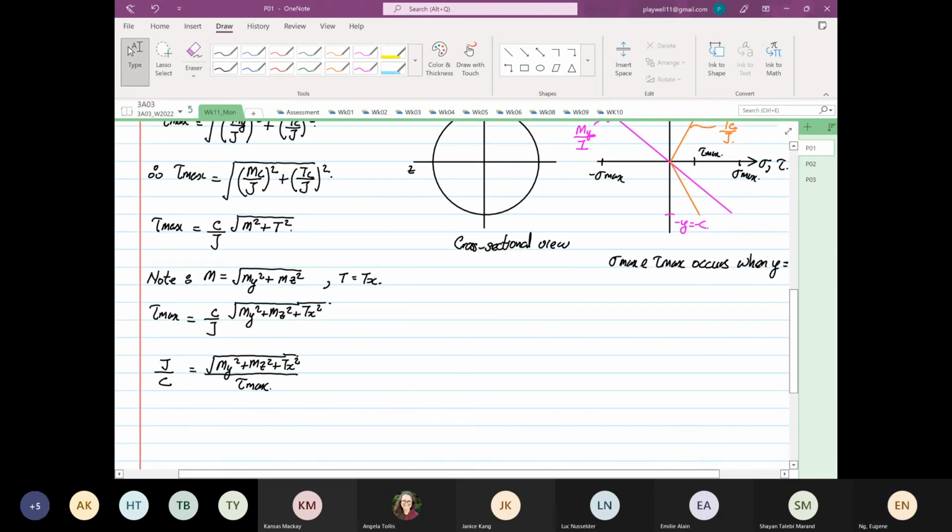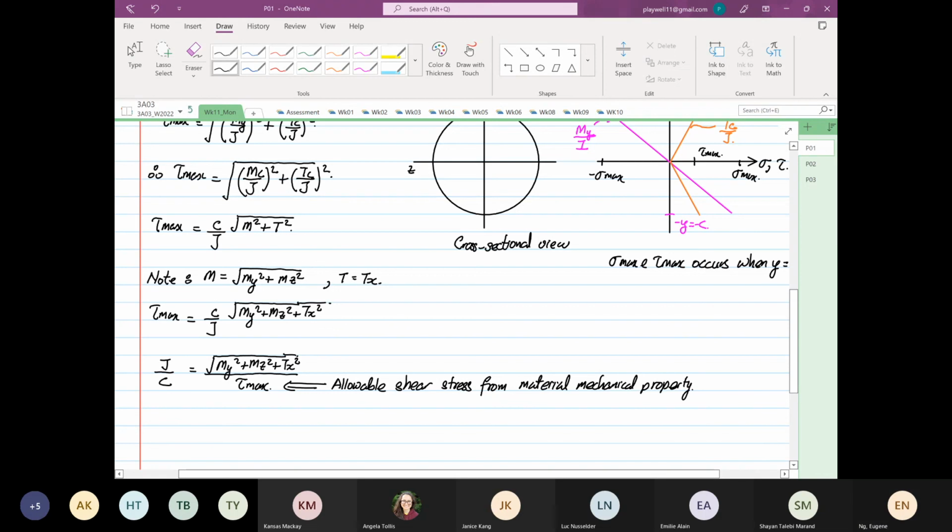So tau max over here is the allowable shear stress from the material mechanical property.